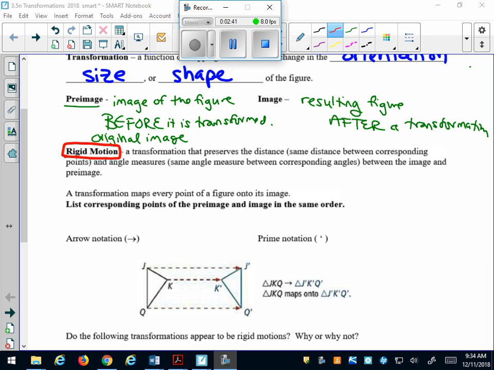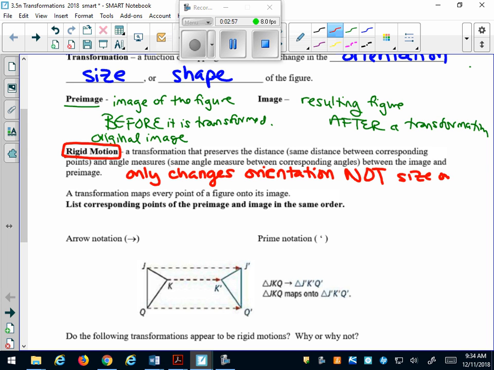So a rigid motion only changes the orientation, not size or shape. The way it's worded here is that it preserves the distance between the corresponding points, and the angle measures are preserved as well.